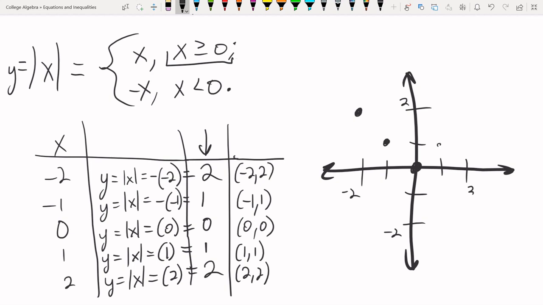Right to 1, up to 1. And right to 2, up to 2. And you would draw this as a smooth curve, but this one, if you put more dots into here, like -1.5, -0.5, 0.5, and 1.5, you're going to end up getting this sharp line.